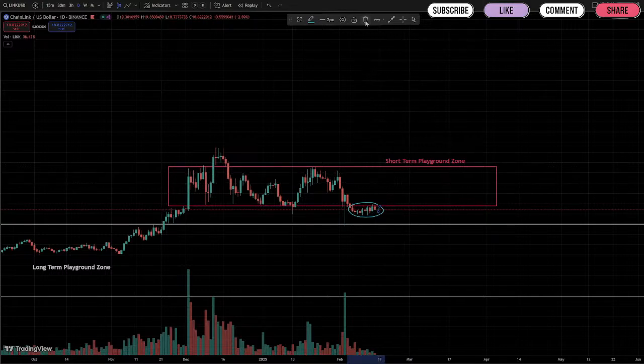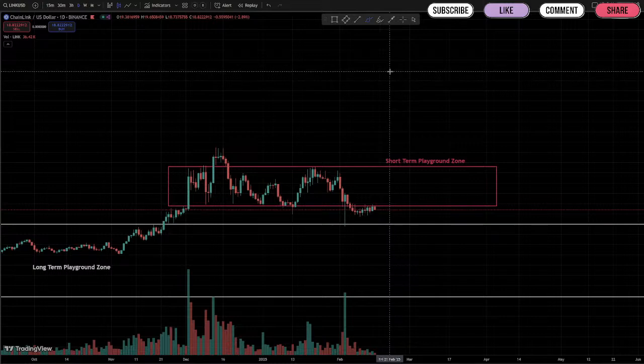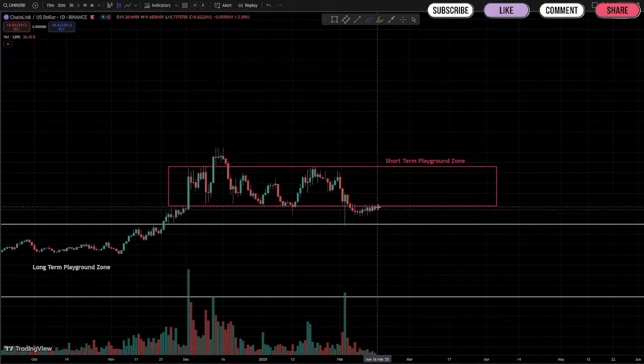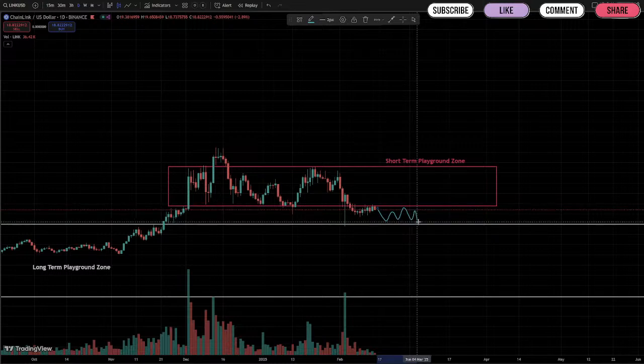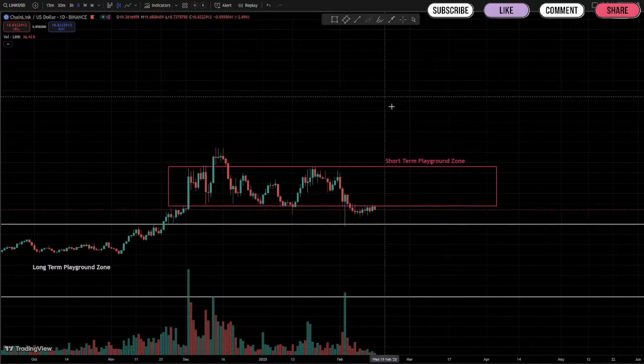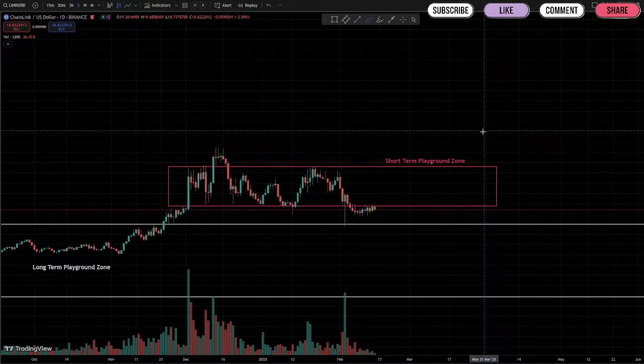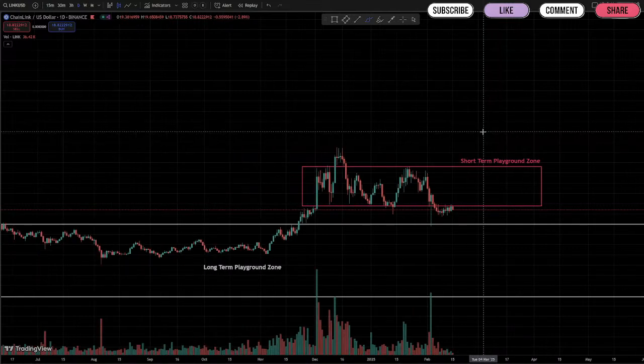So if there's no particular good news or bad news, the next few days will probably be trading within a very narrow range between these two lines, the pink and the white line. So let's see whether that's the case and whether there are any good news or bad news come up.